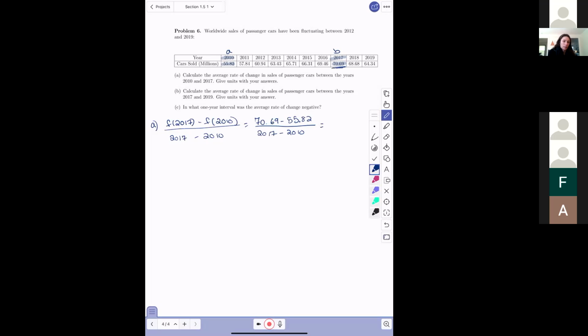Which is equal to, if you subtract this, you get 14.87 divided by 7, which is about equal to 2.1243 millions of cars sold per year. Any question on that?